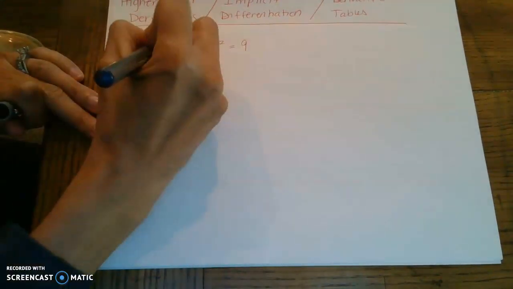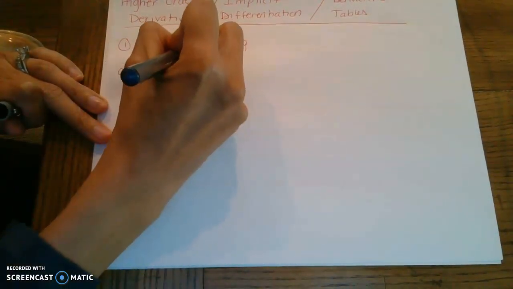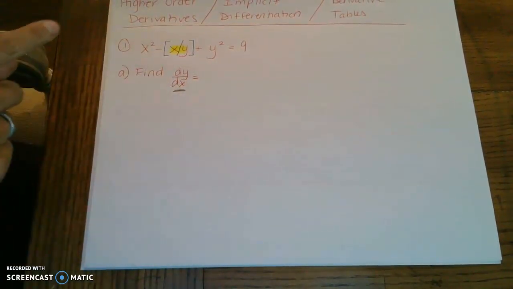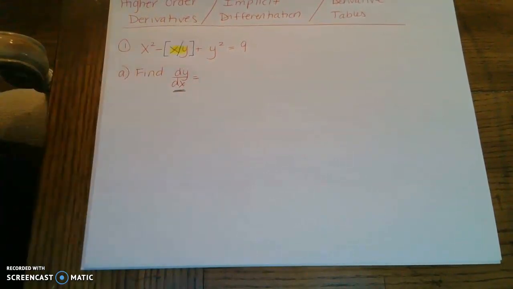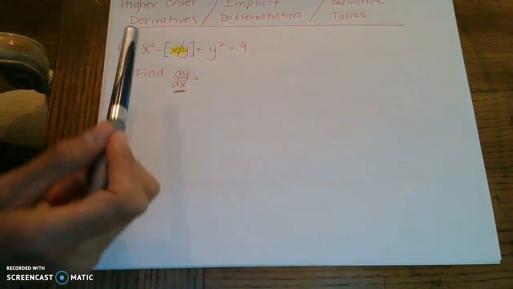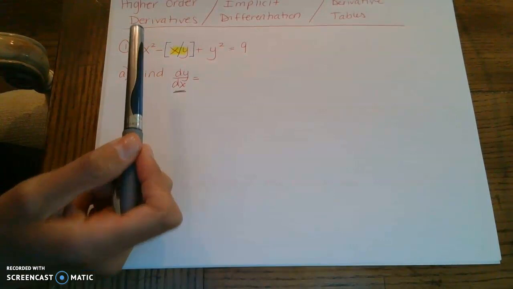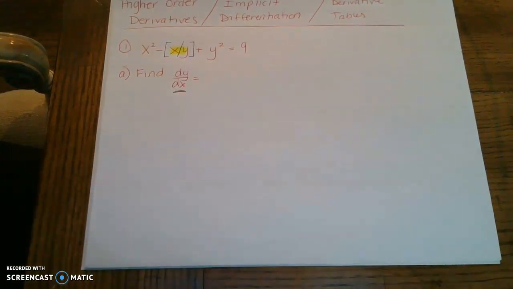My personal opinion is I like to treat this with the negative outside, and then I will do the product rule on xy as positive x times positive y, and I'm going to worry about that negative at the end. You could take that negative and place it inside there. I just get worried that you're going to make a sign error, so I prefer to keep that negative outside.